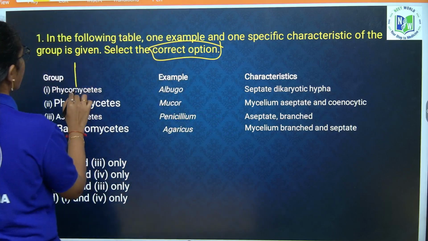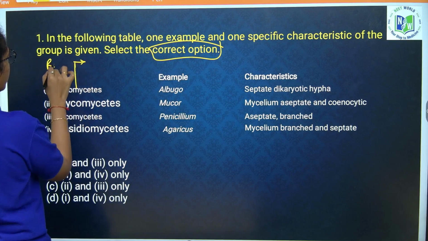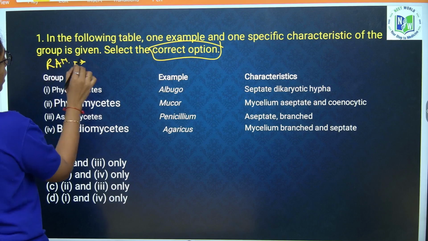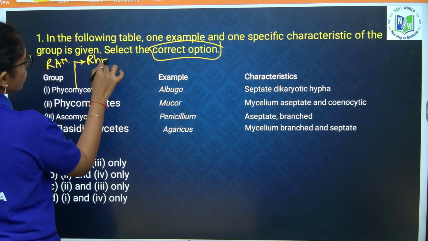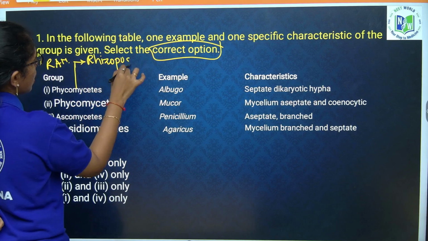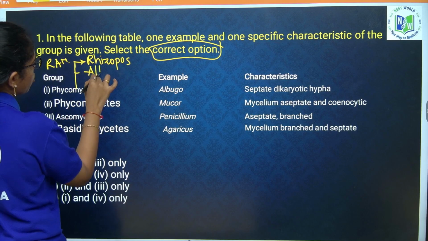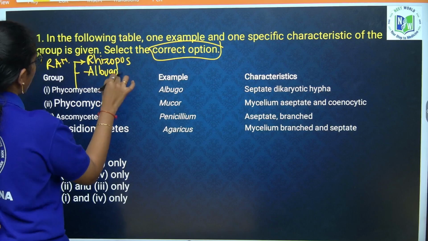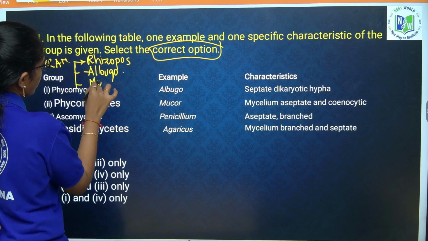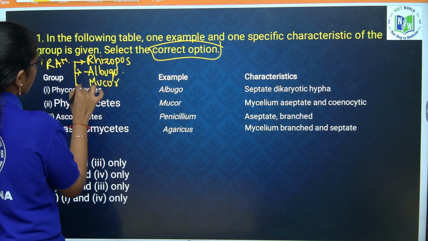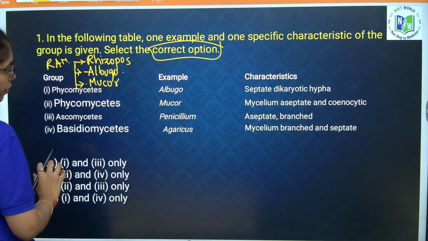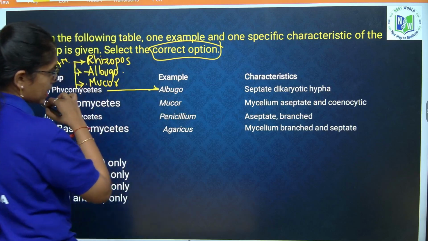What are the examples of Phycomycetes? I gave a mnemonic also, that is RAM: Rhizopus, Albugo and Mucor. These are the examples of Phycomycetes. Yes, Albugo is an example.